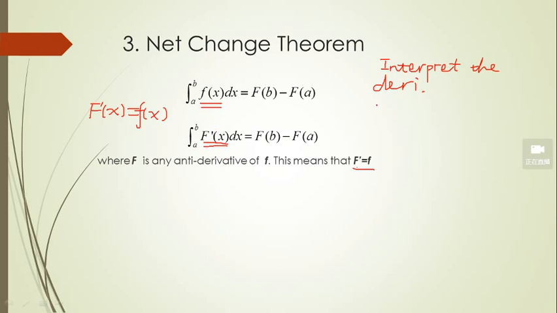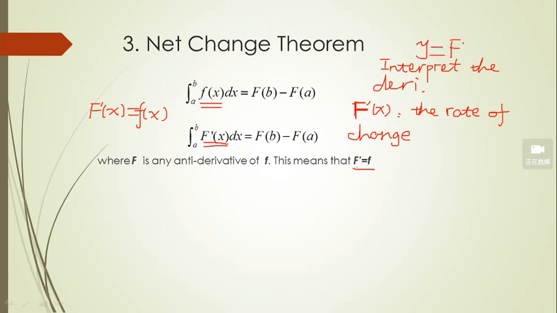Now, what is the big F prime? How can we interpret this as the rate of change? We know we can interpret the derivative as the instantaneous velocity and the rate of change. So F prime we can interpret as the rate of change in F, and we usually write the function y equals F(x).